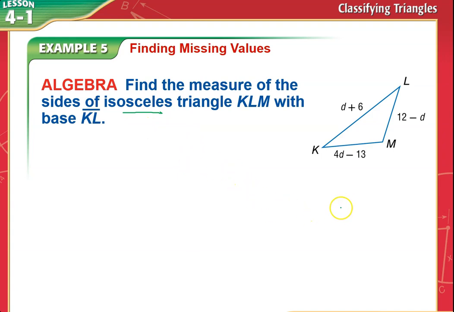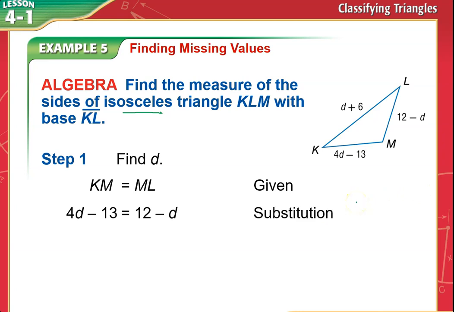If they're going to be the same, then we're going to set these equal to each other so we can find d. We're going to set KM equal to ML. So 4d minus 13 equals 12 minus d. Then we solve for d by adding d to both sides, adding 13 to both sides, and then dividing by 5.